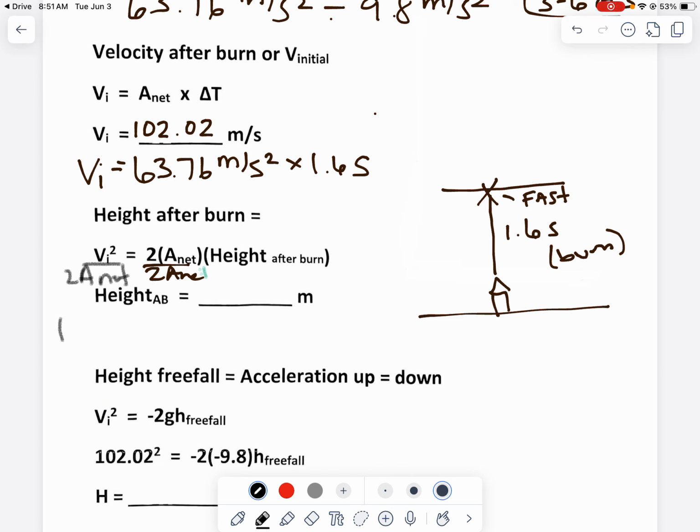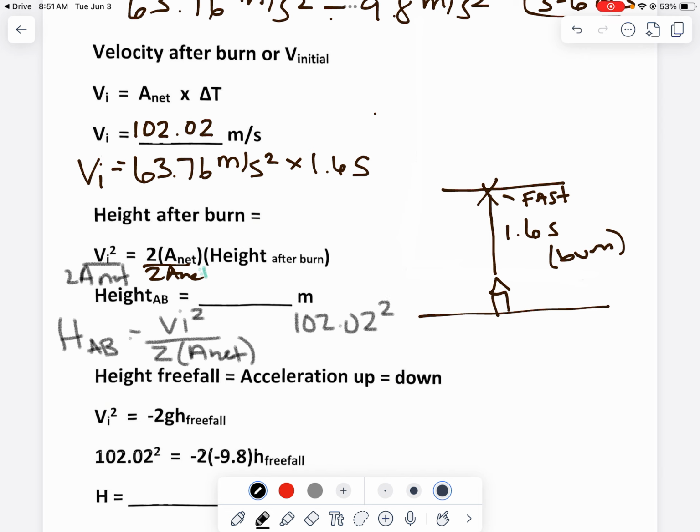And so we get that the height after burn is going to be velocity initial squared. Don't forget that square, that's important. Over 2 times our a net. So now we look. What was our velocity initial? It was 102.02.